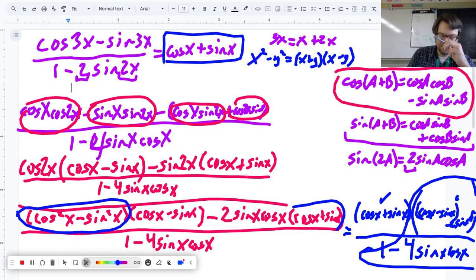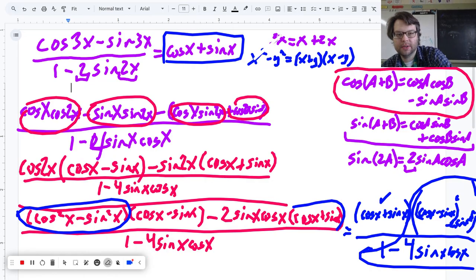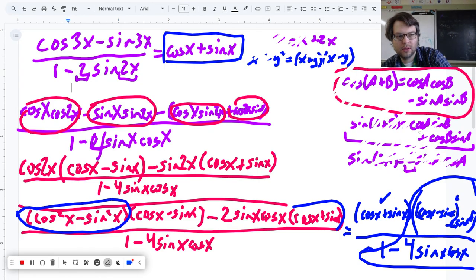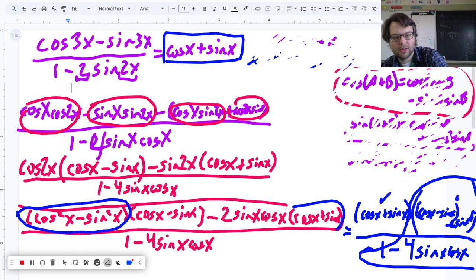Okay? So let me erase some of this stuff up here. Oh, that eraser is not working real great. There's probably a better way to do this. Come on, eraser. All right.